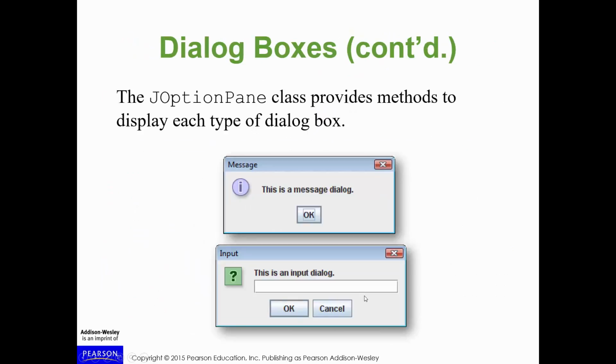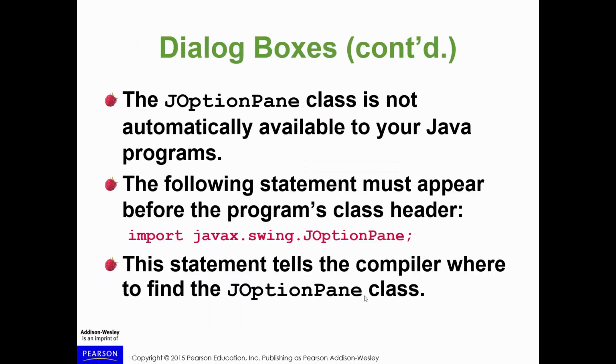But when we do this one, we say javax.swing.JOptionPane. Anything that ends with javax instead of java is a newer thing in Java. We'll talk about this in depth in a later class. But the javax means that you're working with what are called Swing components.